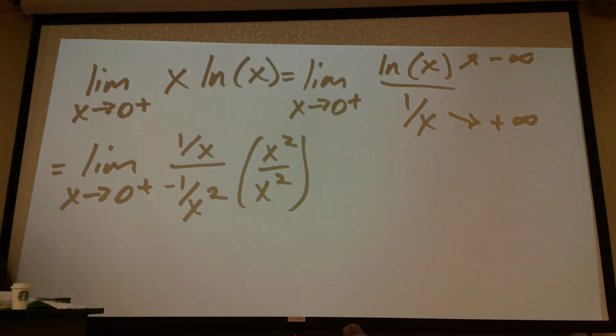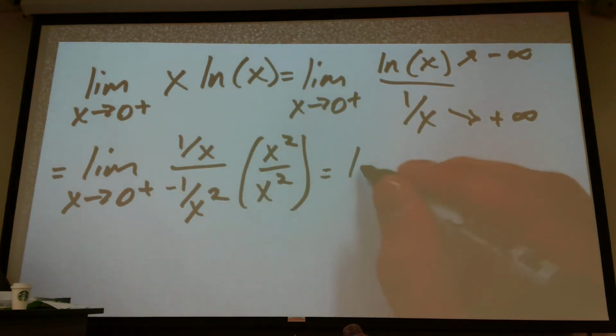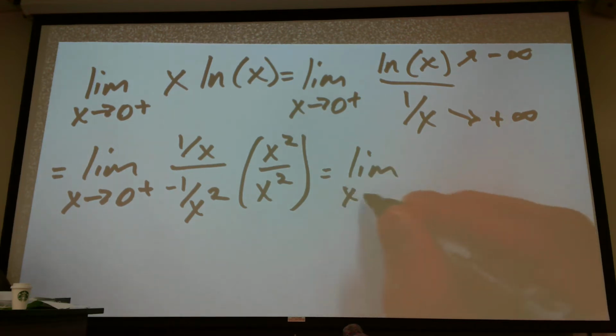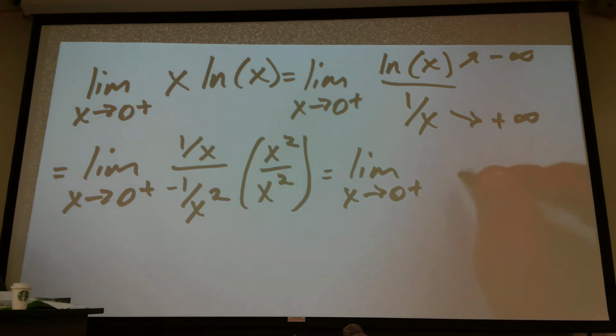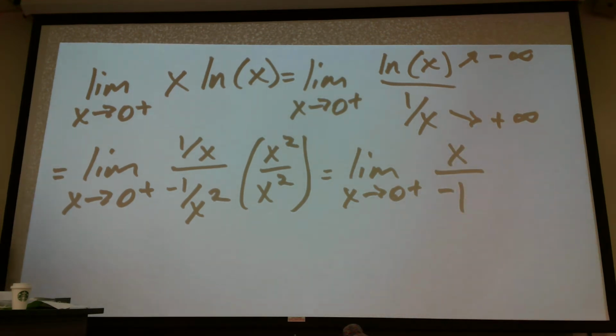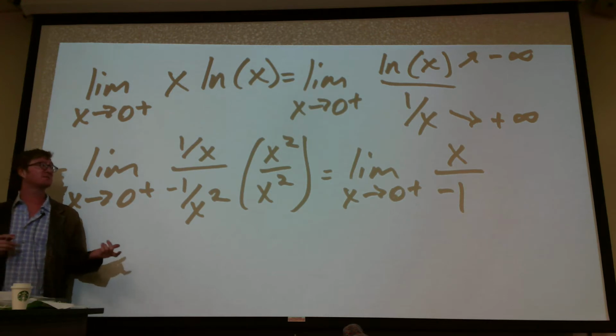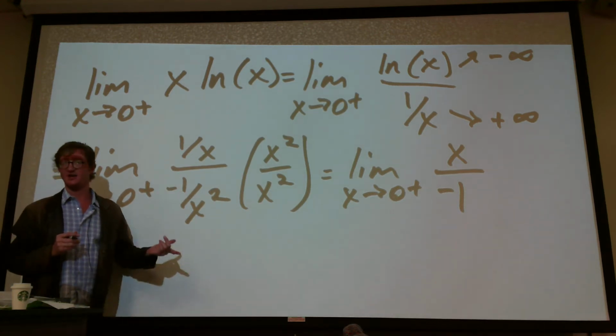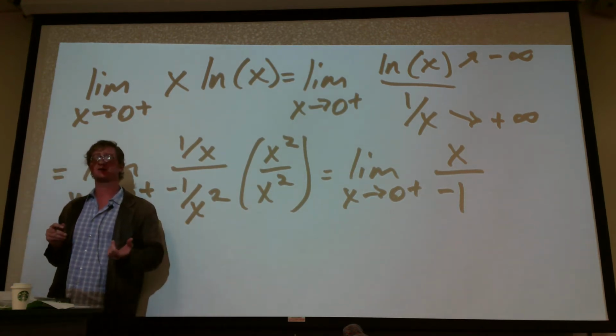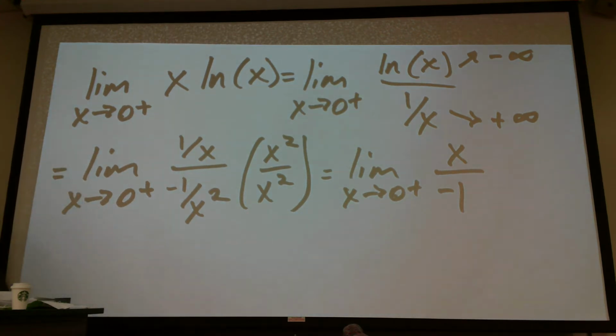And so that will equal the limit as x tends towards 0 from the right. Now x squared divided by x would just be x, divided by negative 1. And so at this point in the problem, we can just say, well, that's 0 divided by negative 1. So 0 divided by negative 1 is just going to come out to be 0.